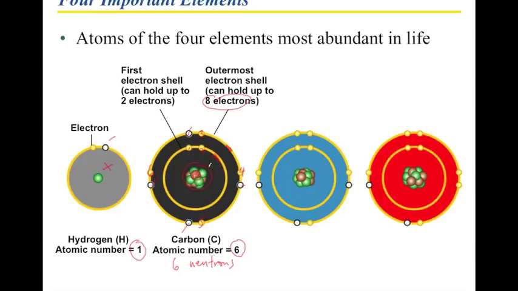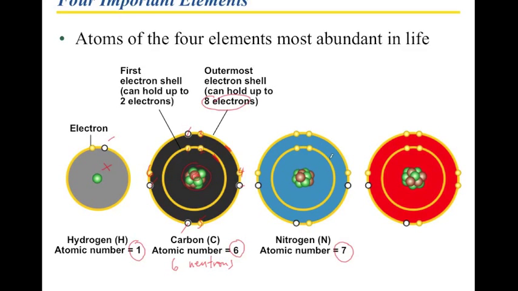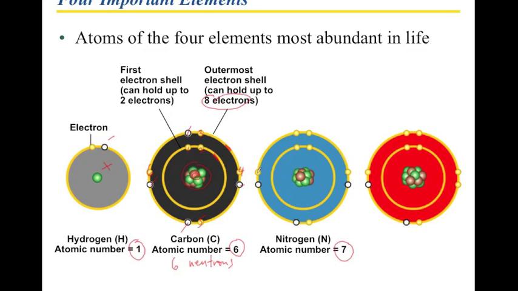Now we go on to the next one, we go to nitrogen, and you can see here a little bit of a difference. It's got an atomic number of 7, which means it has 7 protons, and it's going to have 7 electrons. 1, 2 on the inner shell, 1, 2, 3, 4, 5 on the outer shell.